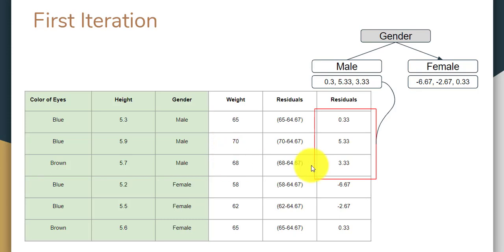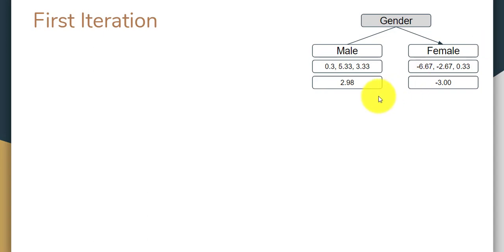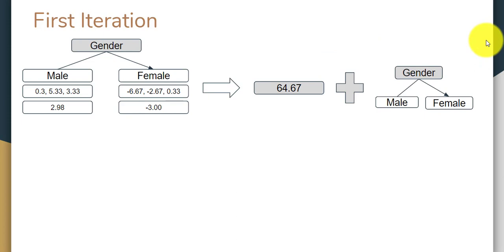All the males had residuals of 0.33, 5.33, 3.33, which we have written here. Similarly for females, minus 6.67, minus 2.67 and 0.33. Then I take the average. This becomes my average residual for males, 2.98, and minus 3 becomes the average residual for females.